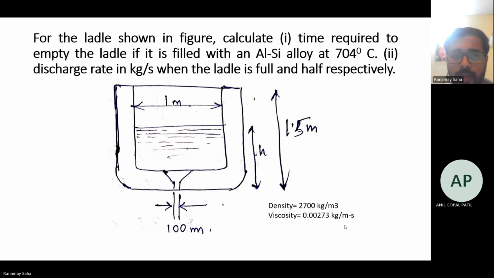Try to solve this problem and consider the frictional effect in this case. We didn't consider losses in the earlier problem. Here we will consider frictional losses. If you are able to do this problem, you will be able to solve most of the questions out of the assignments, concepts will be clear. Let's try it out.